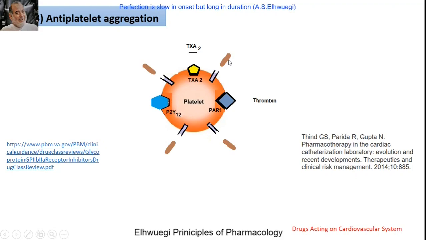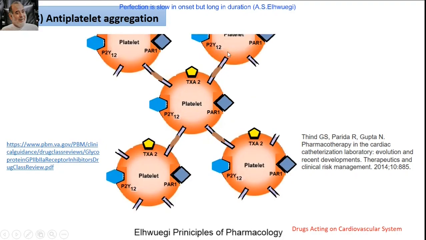Once fibrinogen binds to this platelet, it can cross-bridge with other platelets. As you can see, we started with one platelet bound with 4 different molecules of fibrinogen. Each molecule of fibrinogen can bind with another platelet, with the glycoprotein receptors of another platelet.